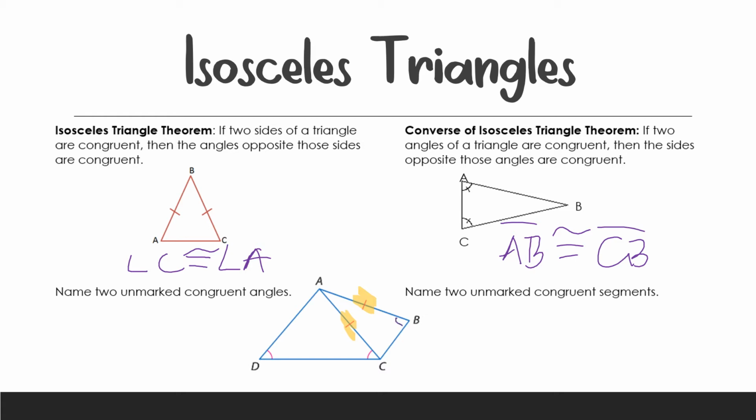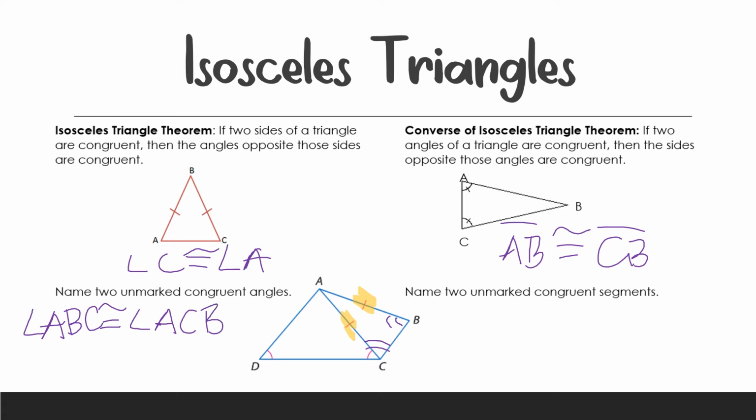That would be angle B, and we can't call it angle C because there is more than one angle coming from it, so we'll call that ACB. So we know that angle ABC is congruent to angle ACB, those 2 base angles.